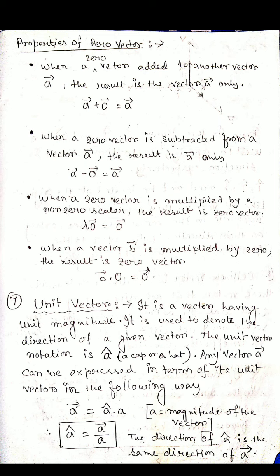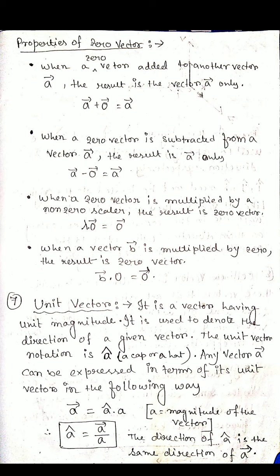This is how you can read it, a cap or a hat. If you write in place of a, x or y or j, j cap, x cap, y cap, here I will use a for notation purposes. The main thing is that mark, not a triangle, just an arrow mark over it. It looks like a cap or hat.